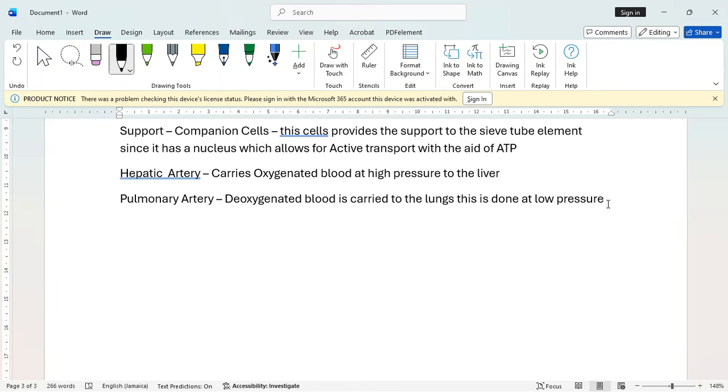We want to talk about our left ventricle versus the right ventricle. So what is the difference? What is the significance of them?